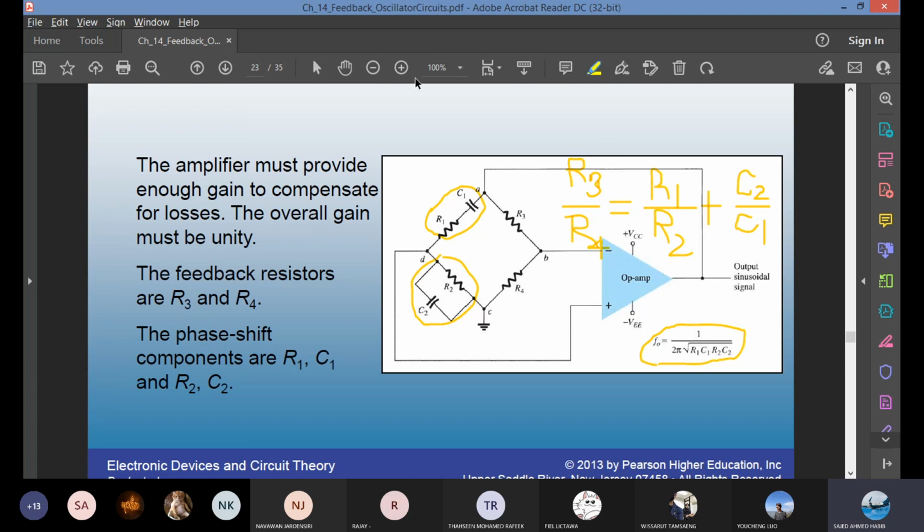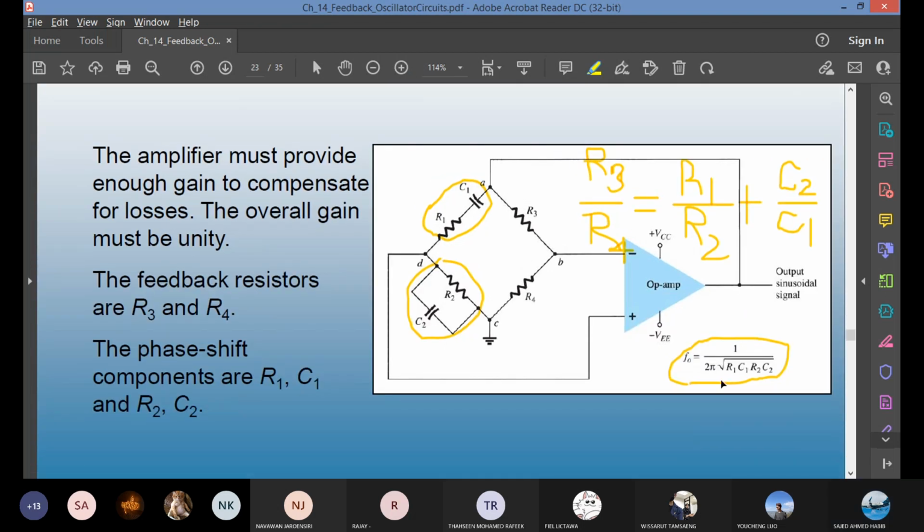If in this particular example, if you set R1 equals R2, so two resistors are the same, and then if you set C1 equals C2, the equation is further simplified.